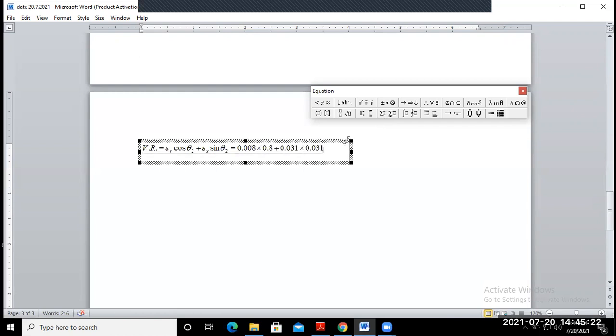So voltage regulation equal to 0.025 per unit. Okay, in per unit, or you will say 2.5 percent.